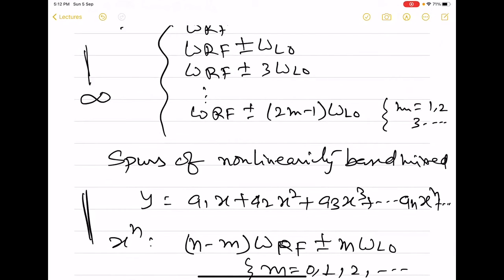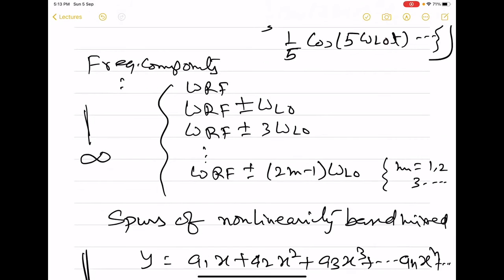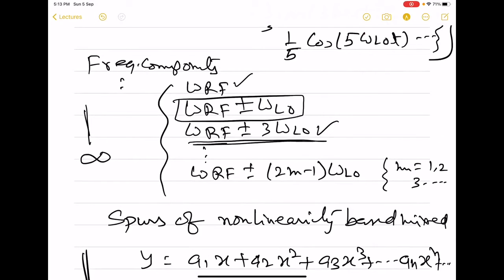So in this case, filtering has to be stronger compared with the previous one. And here we can see that this is the desired one, and the closest one that is going to appear is this one, omega RF, and then this one. So even this one is going to be 2 LO times separated from the desired one, right?